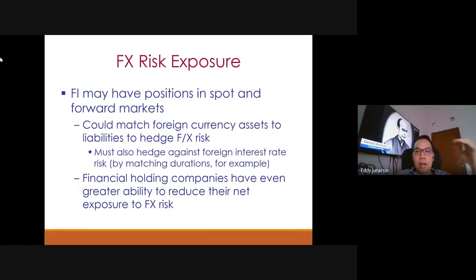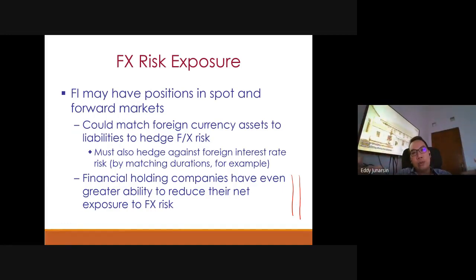financial holding companies have even greater ability to reduce their net exposure. This is true. We saw it before. Right? Actually, if you aggregate your foreign exchange risk at the corporate level, you can enjoy some form of natural hedging because some of your subsidiaries might have a net long position in a certain currency while the others are having a net short position.